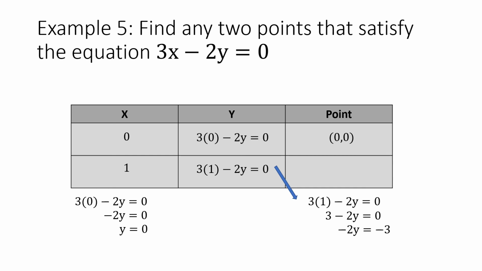My final step here is to divide both sides by negative 2, and so when I do that, I'm going to get a simplified fraction, y equal to positive 3 over 2, and my point would be 1 comma 3 over 2 inside parentheses, and so those would be my 2 points to satisfy the equation 3x minus 2y equal to 0.